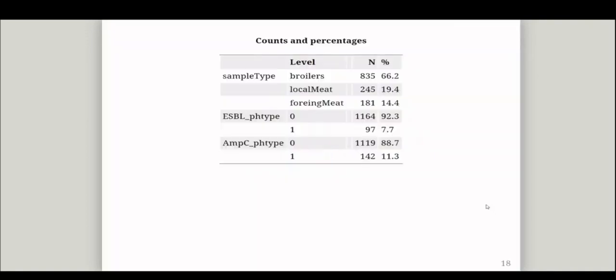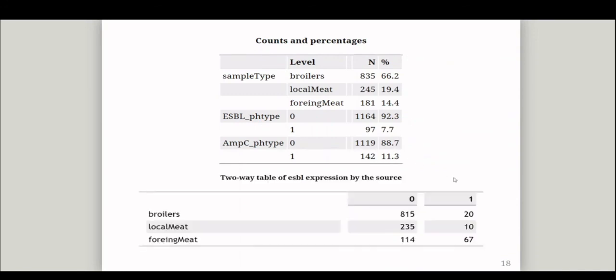Finally, it's also important to obtain percentages. We get percentages, for instance, for the type of samples we got. So we got 66% from broilers and less from the different types of meat origin. And we also got here the percentage of ESBL positives and AMPC positives.